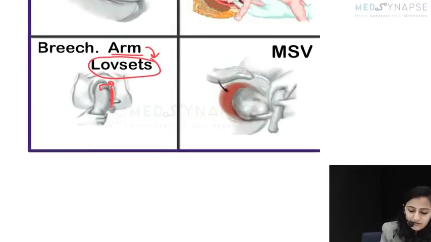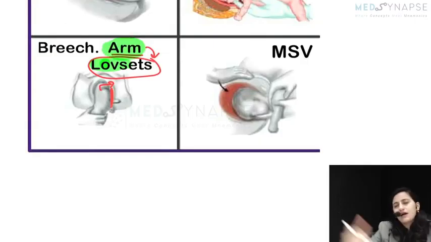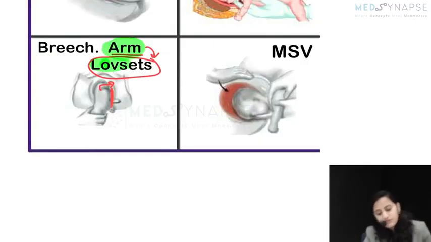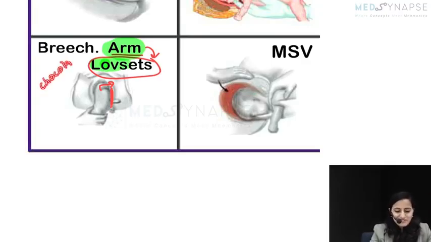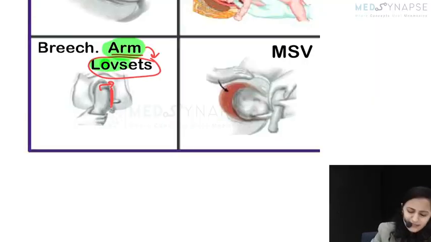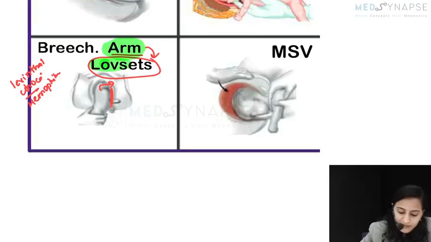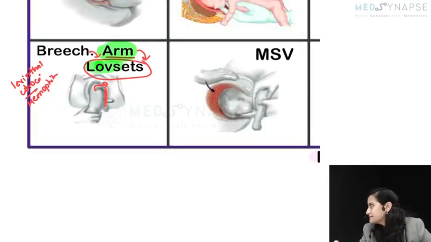Løvset. We show the love with the arm, hugging with the arm, and we also show the love by chocolate, right? So that's the chocolate. Please remember that Løvset is arm delivery, arm को निकालने.